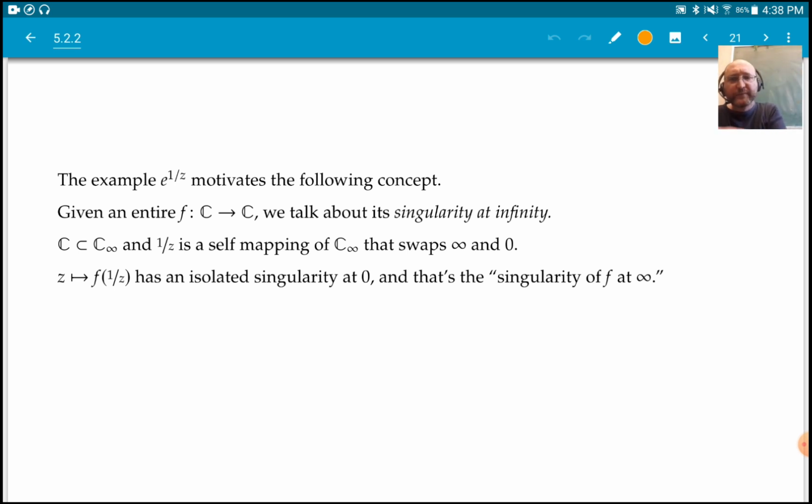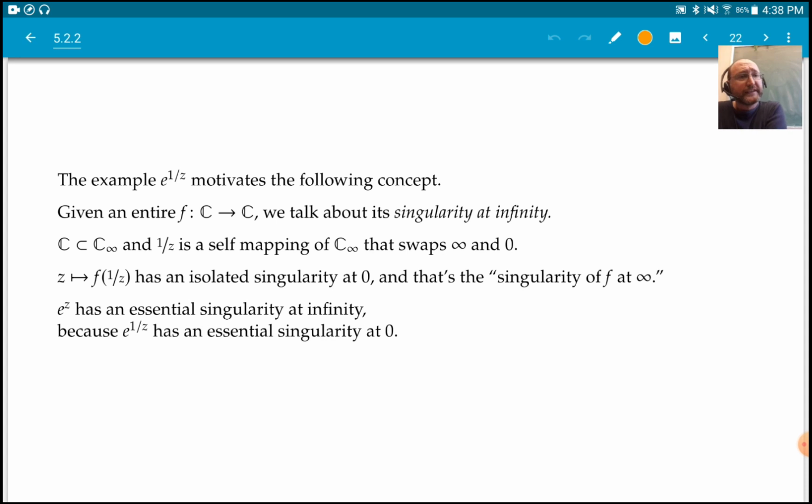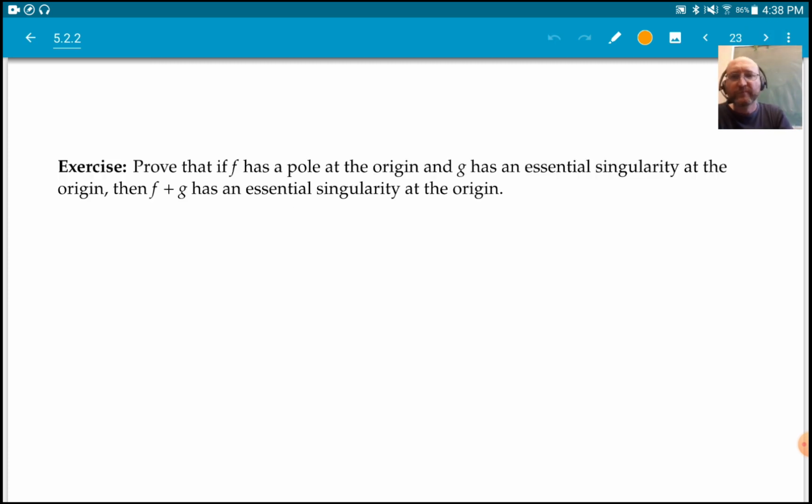So that function has an isolated singularity at 0, and I think of that as the singularity of f at infinity. So e to the z, for example, has an essential singularity at infinity because e to the 1 over z has an essential singularity at 0. That's what I mean by it having an essential singularity at infinity. But we have all the other types of singularities as well. All right.